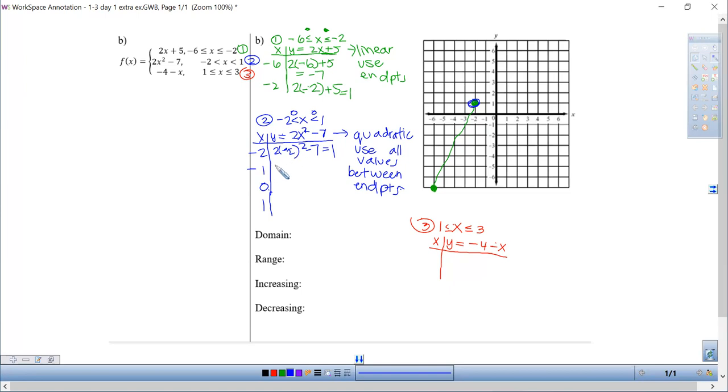Next, I'm going to plug in -1. So 2 times -1 squared, minus 7. -1 squared is 1, times 2 is 2, minus 7 is -5. Okay, so I'm going to plot the point -1, -5.